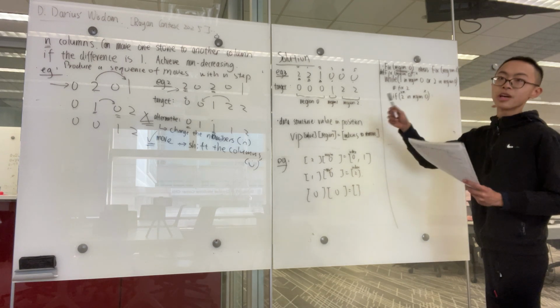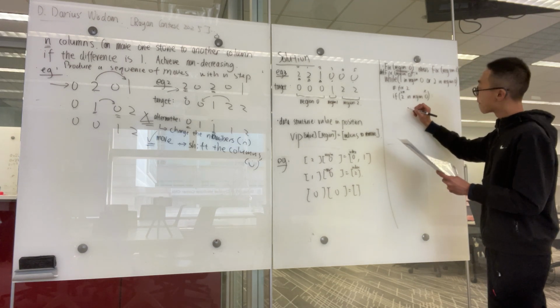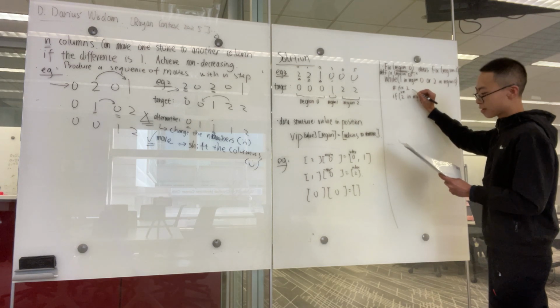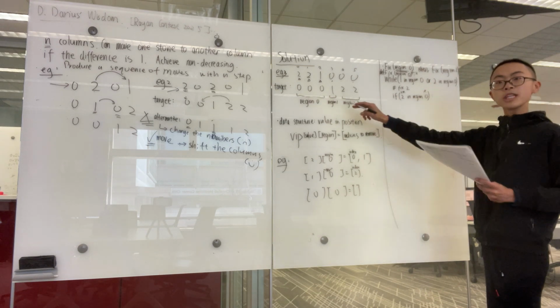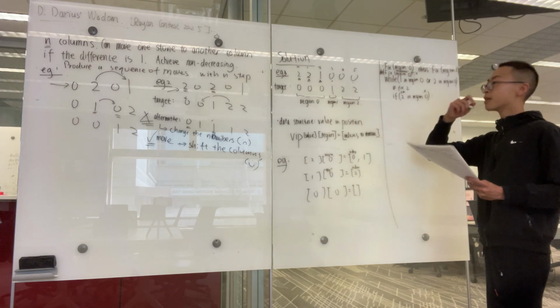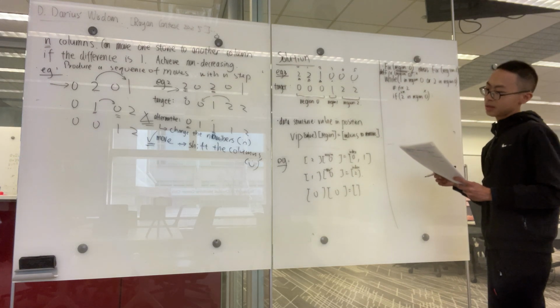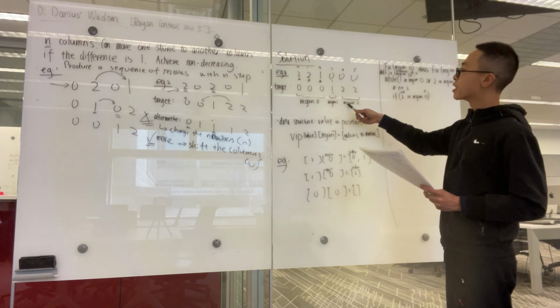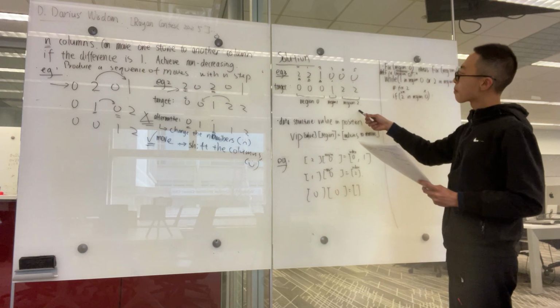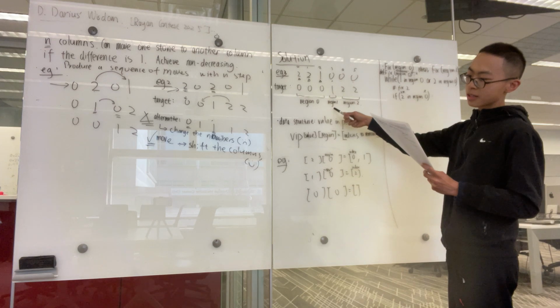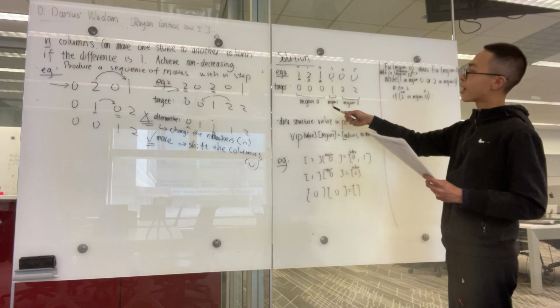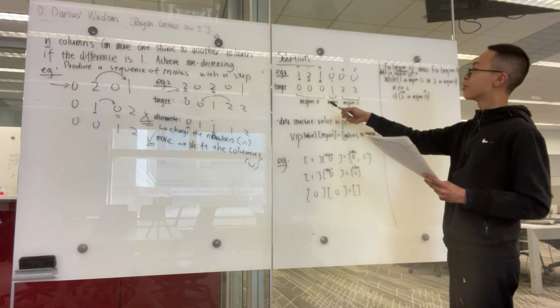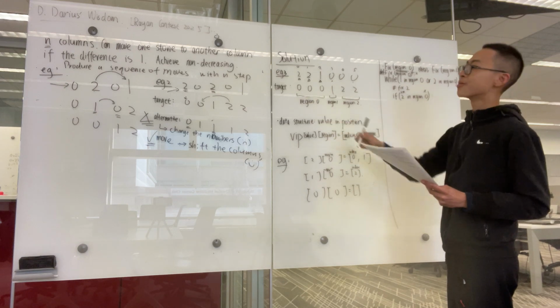Let's find a 1. But in what region should we find the 1 at first? Shouldn't we want to find a 1 in region 2? Or region 1?